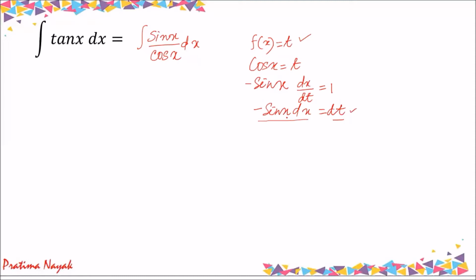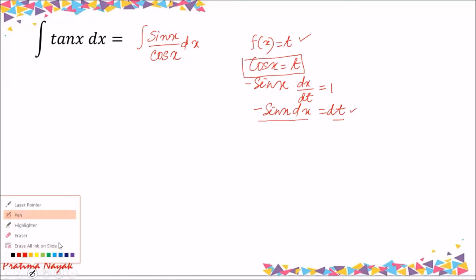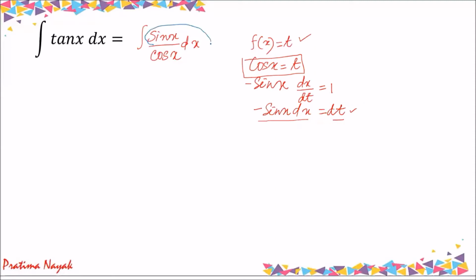So we took cos x as t, and minus sin x dx is equal to dt. So this will be minus dt and this will be t.